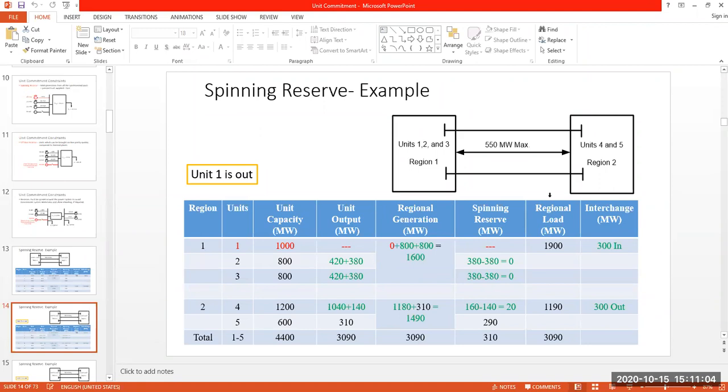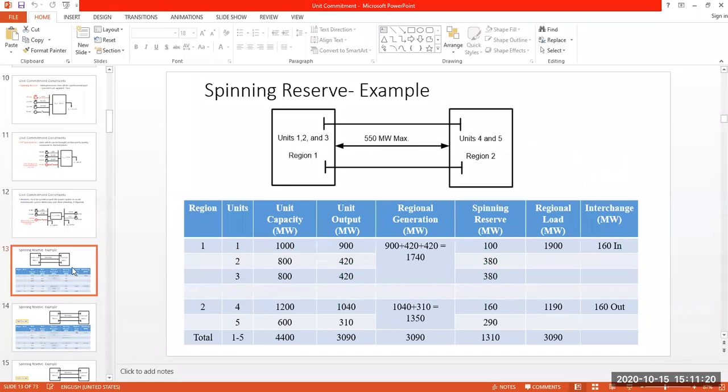Simply start your back calculation from whatever amount is missing. So if you have, let's say, 1900, and unit 1 is out, how much do you have to satisfy? 1900 minus 900. In the same manner, you can try and solve it.